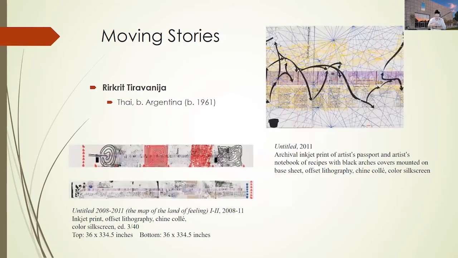So this is another fun one, and I've got to make sure I pronounce this right. Rirkrit Tiravanija. This is a little bit hard to pronounce, but I'll send out some pronunciation guides on it. Tiravanija is usually how the last name is pronounced. And this is a Thai artist who was actually born in Argentina.